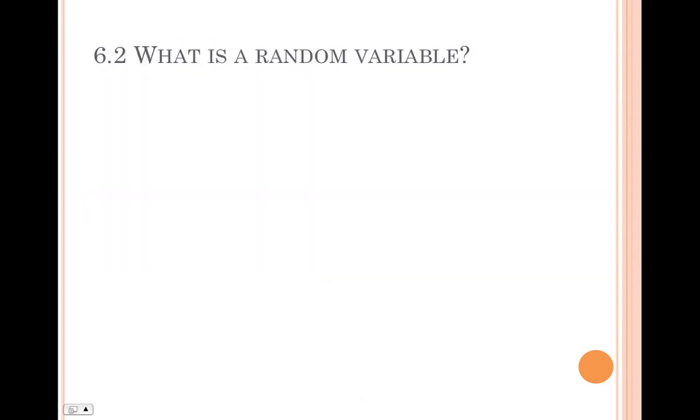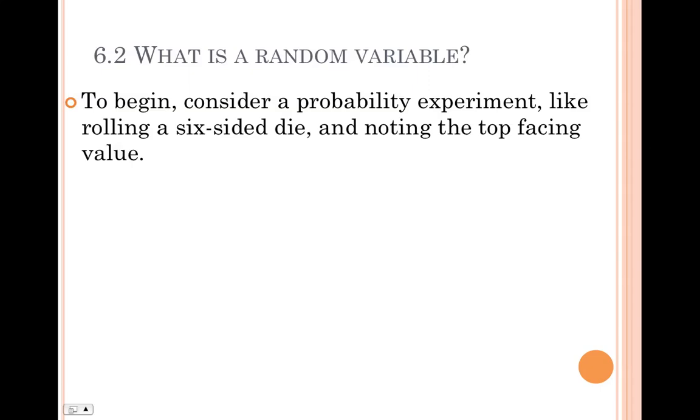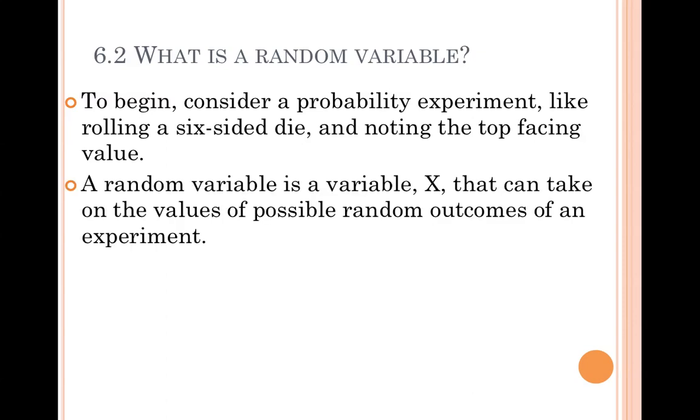Okay, let's look at random variables. To begin, let's consider a probability experiment like rolling a 6-sided die and taking note of the top-facing value. Okay, so we roll a die and we take note of the value that comes out on top. A random variable x is a variable x that can take on the values of possible random outcomes of an experiment.